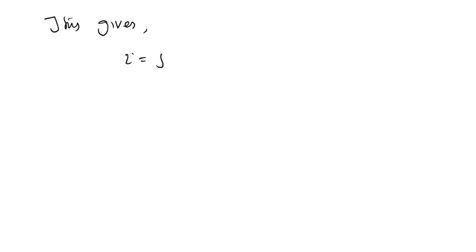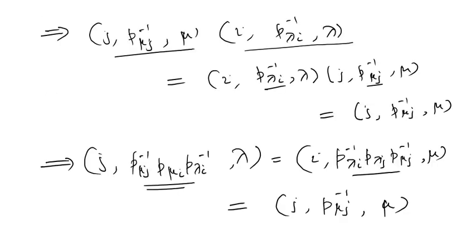So also from these equations, let's equate the first and third. It's P mu J inverse, P mu I, P lambda I inverse equal to P mu J inverse, and you will see that P mu J inverse and P mu J inverse cancel out, and we obtain P mu I, P lambda I inverse equal to the identity.